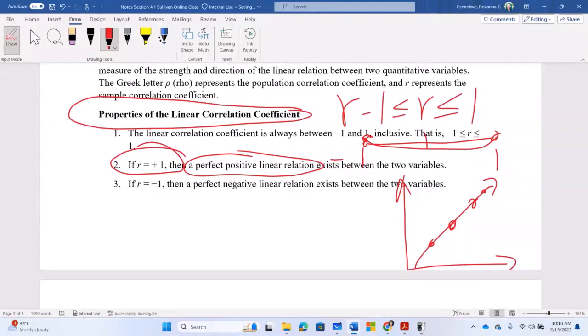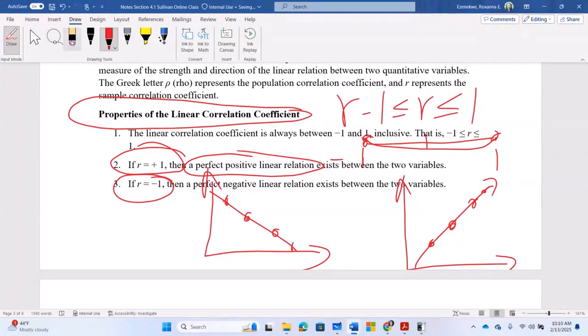But if r is -1, we will have a perfect negative linear relationship, where the slope is negative and all the points are on the line. Anytime all the points are on the line, they are collinear, then we have a perfect linear relationship.